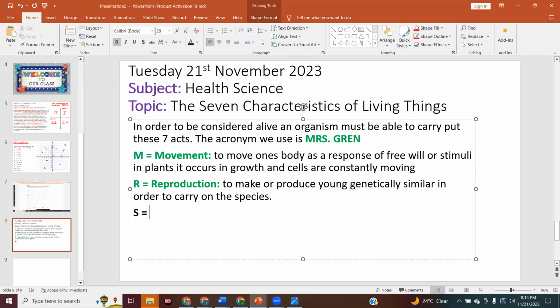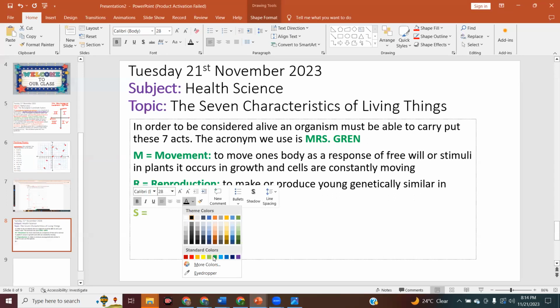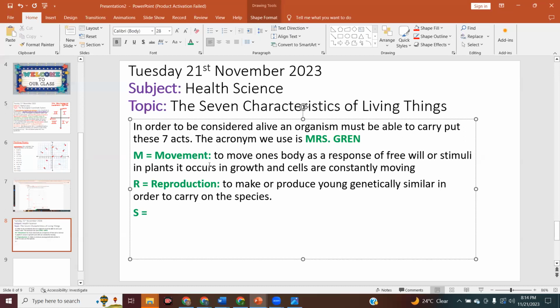All right, what does S stand for? Stimuli. Sensitivity. Who said that? Jeremy. Very good. Sensitivity. That's basically the ability to respond to stimuli.